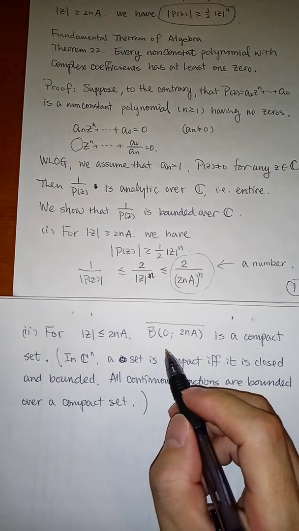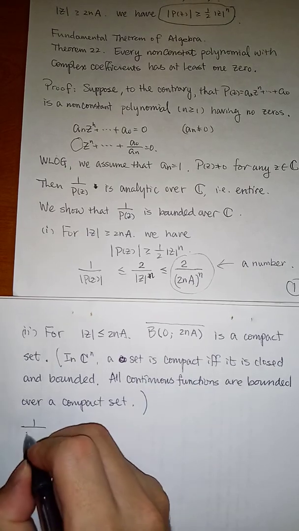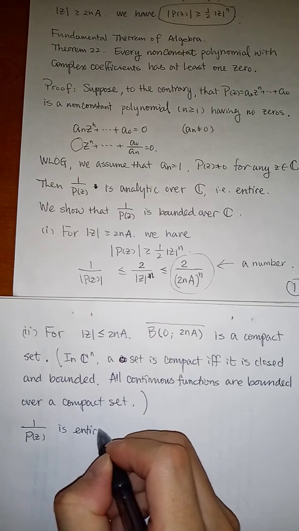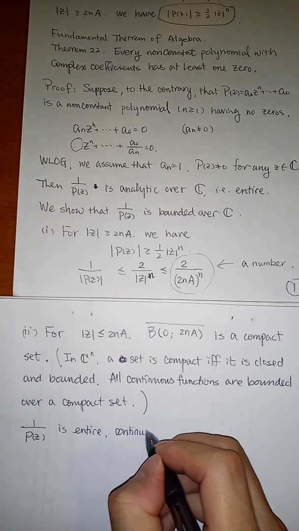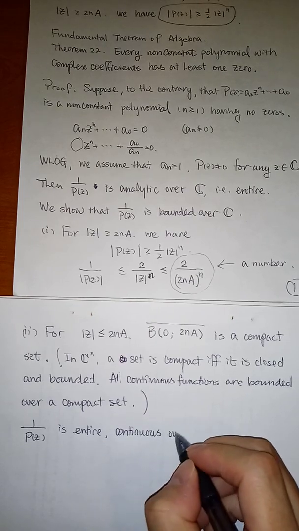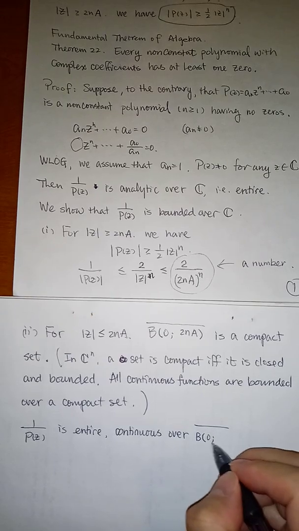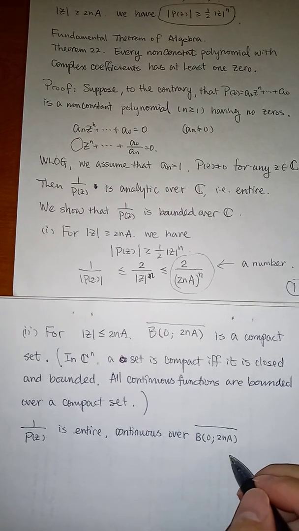So you have a compact set and you have an entire function. 1 over p of z is entire, of course continuous, over this closed ball B(0, 2nA), a continuous function over a compact set.